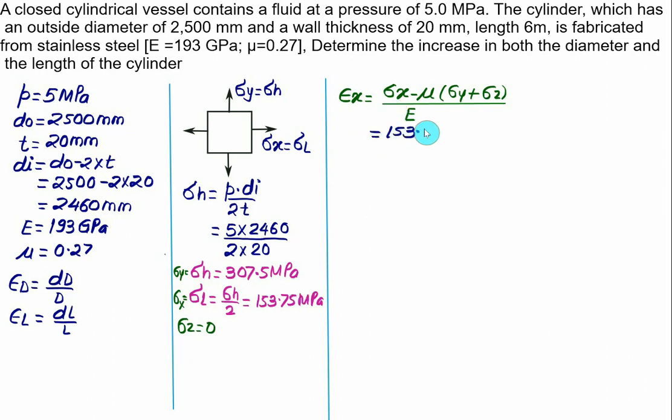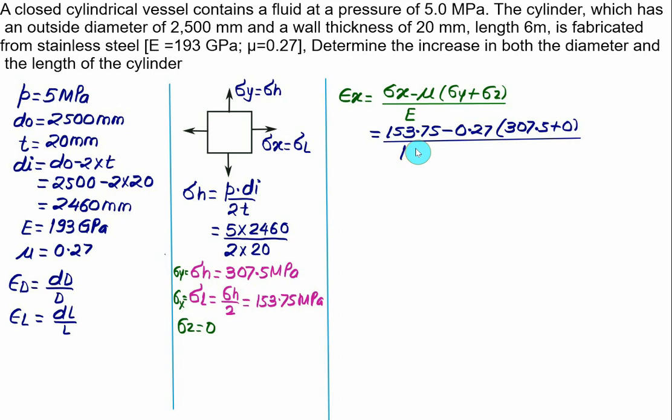Sigma x is equal to 153.75 minus mu, we have mu equal to 0.27, into sigma y. Sigma y is equal to 307.5. Sigma z equal to 0, divided by Young modulus, which is 193 gigapascal.